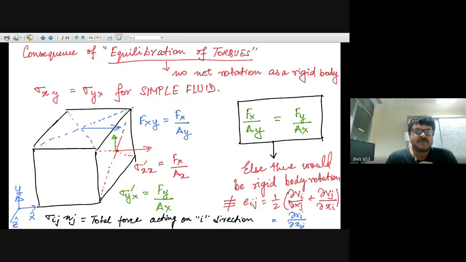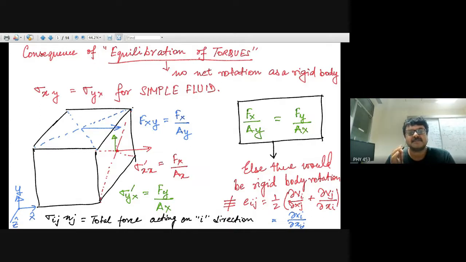And suppose you wanted to calculate the force, say, acting on the x direction, you would not only have to take sigma xx, but you also have to take the force, this viscous force, which is acting on this surface in the x direction, on this surface in the x direction, and so on and so forth.